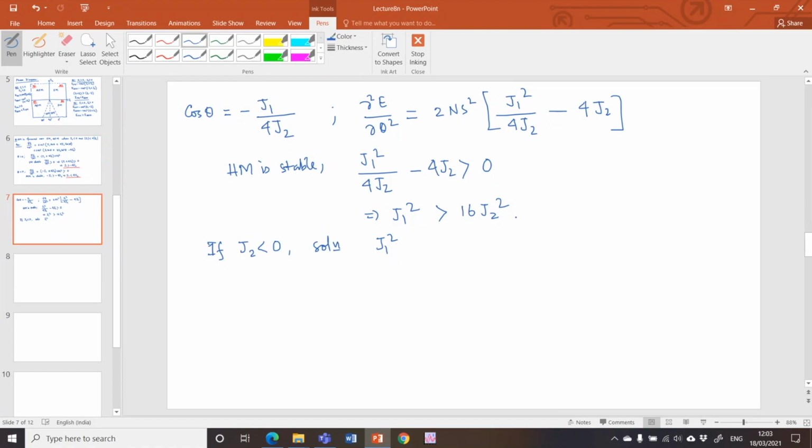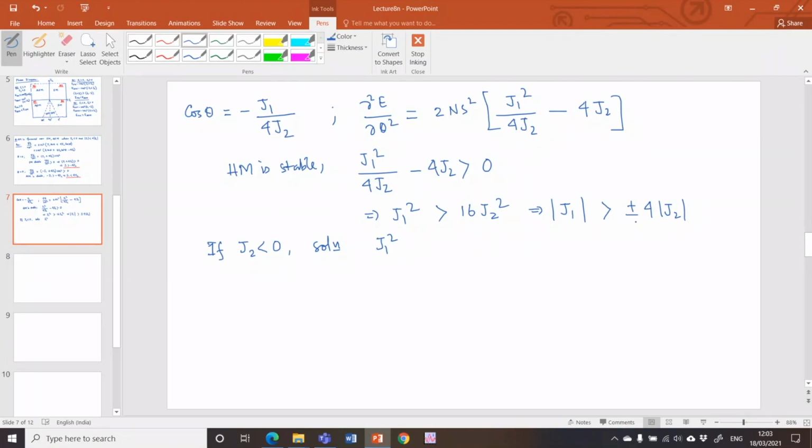So if we take the square root, we'll get a positive and negative sign, right? So let's say mod of J1, we actually don't know what it will be, but there will be plus minus 4J2, right? So for the moment just write it this way.